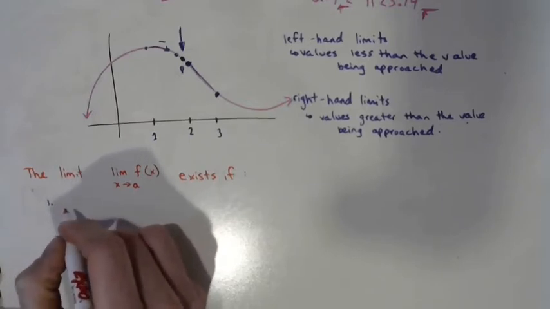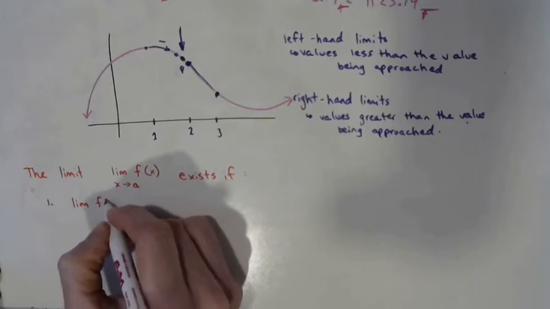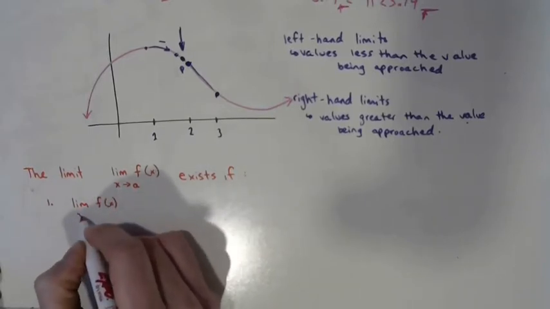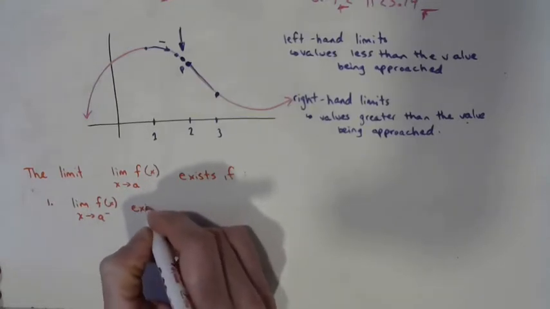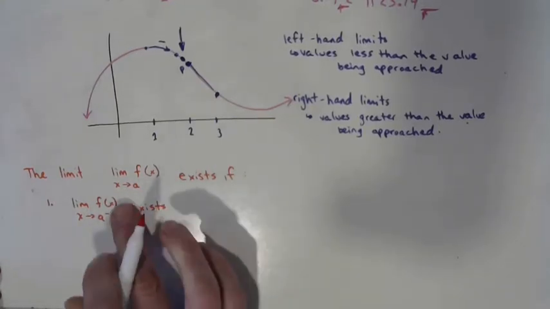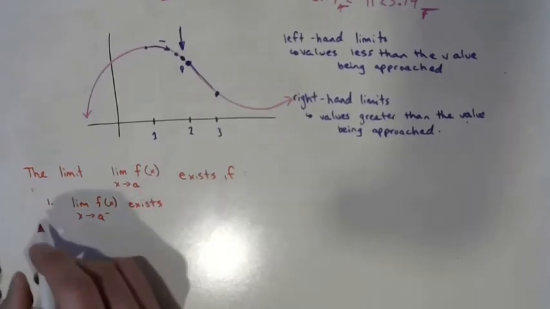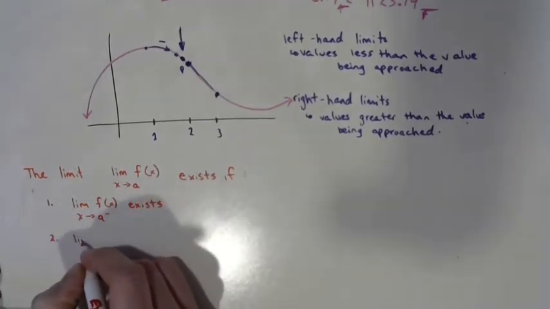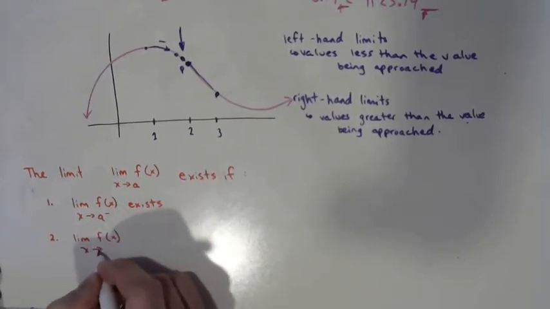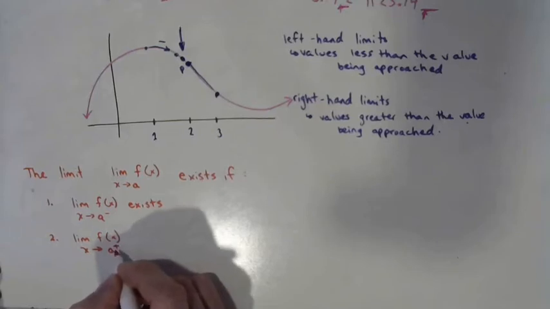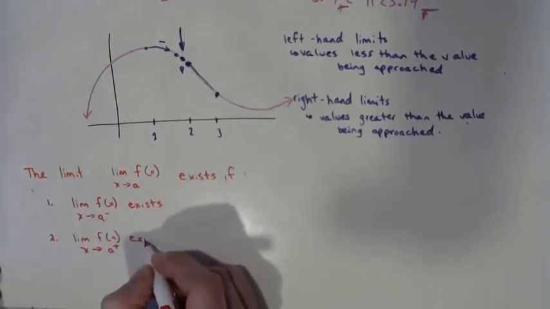One, the limit of f of x as x approaches a from the left exists. This should be up on the top line here. Two, the limit of f of x as x approaches a from the right, so from the greater side, exists.